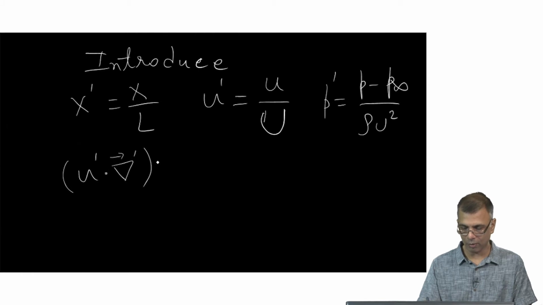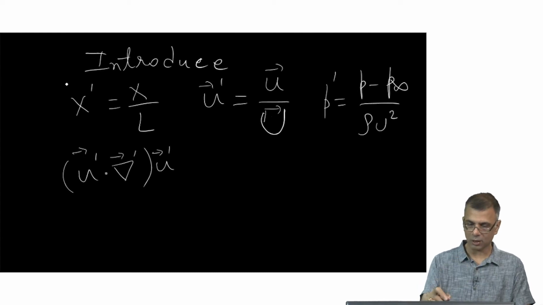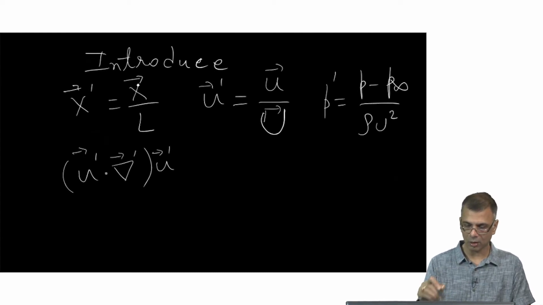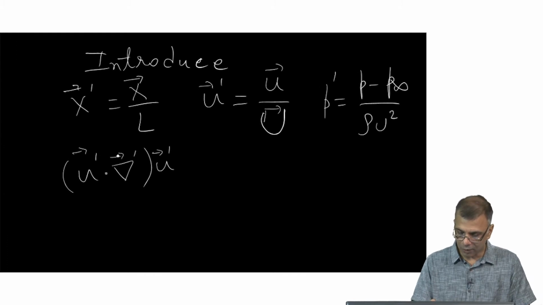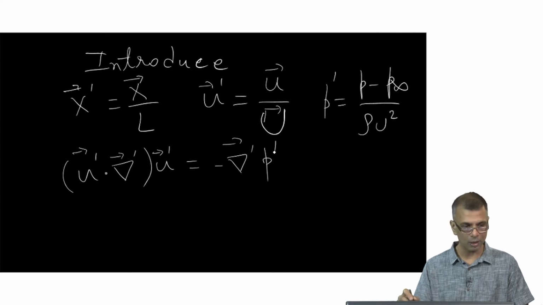I really should be having vector signs over all of this. Notice even the gradient has a prime. We talked about this when we met last, and we will emphasize this once again in a minute.